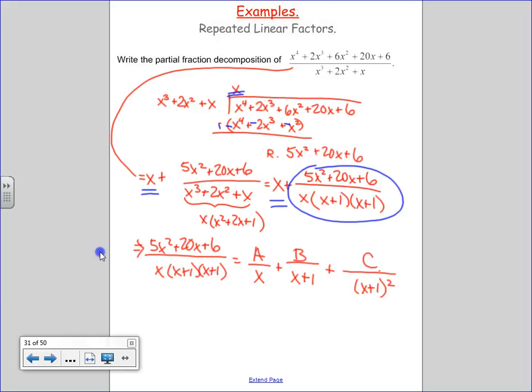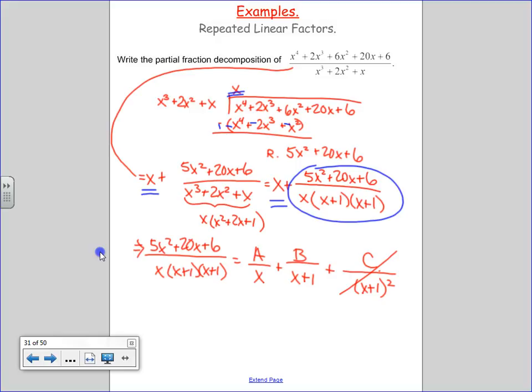If I'm trying to think of all the different pieces that could have combined to make this function right here, this remainder, remember we're forgetting the little x, right? If I was trying to look at the over x and the over x plus 1, if I wasn't to write this piece, these two could possibly combine to make that, right?